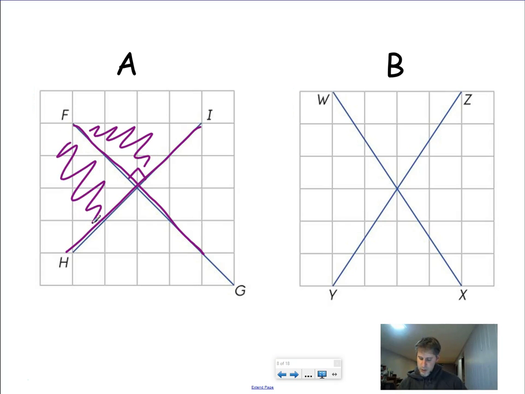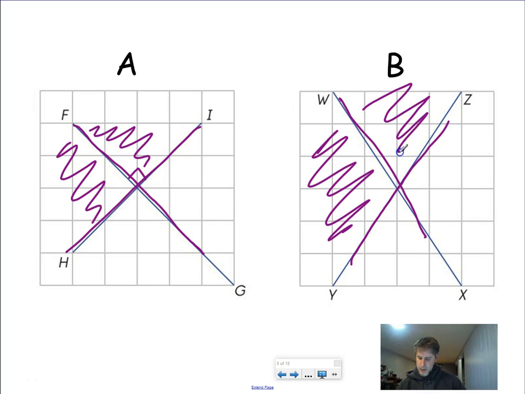This one here is not equally cut, because if I look at this side of the squares, it is not the same as this side because there's less. There's that angle cutting into these sides, and so I do not have a 90-degree angle. In fact, I have an obtuse angle here and an acute angle here.